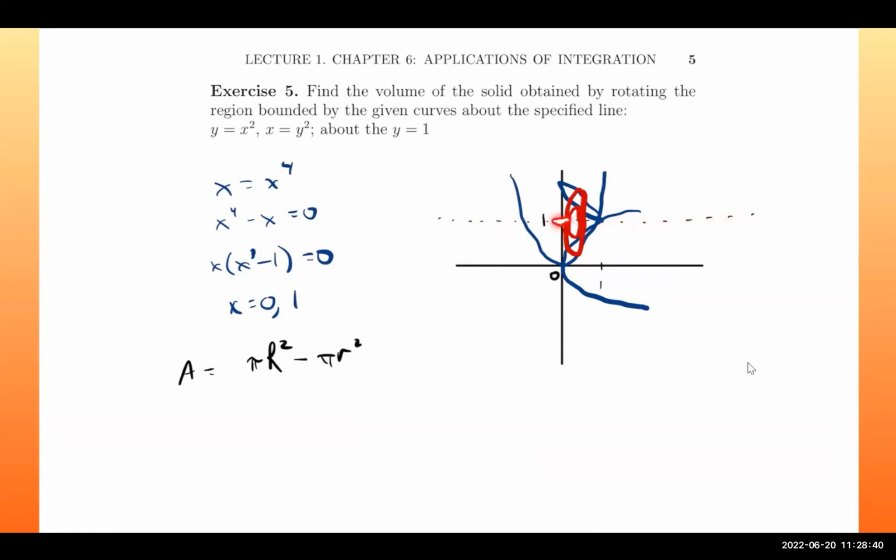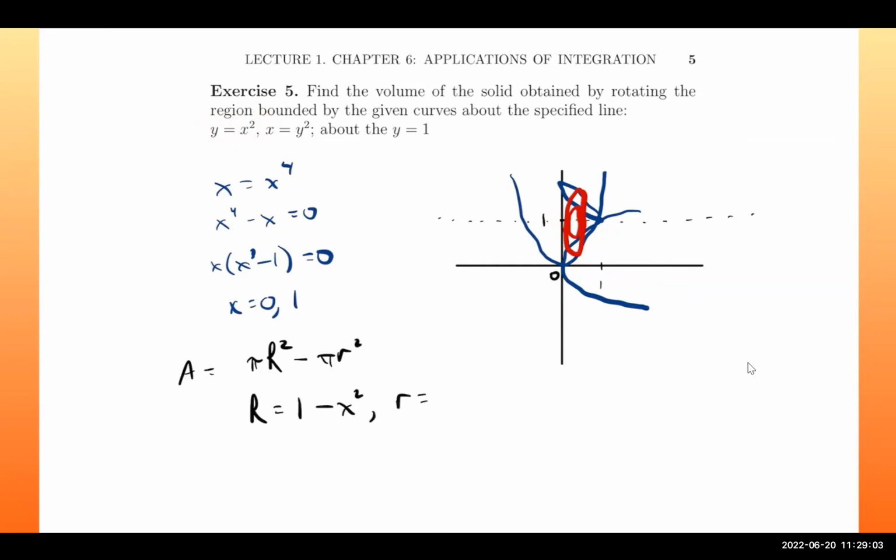So we start from 1, and then we subtract this little piece, which is the bottom function. This bottom function is x squared. So there's your radius. It's 1 minus this small little piece. So the radius, big R, is going to be 1 minus x squared.